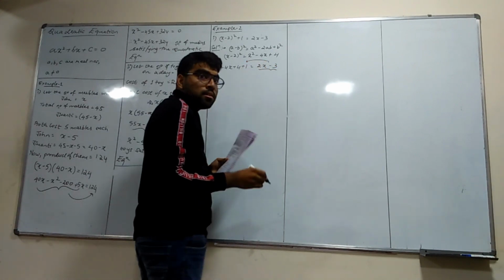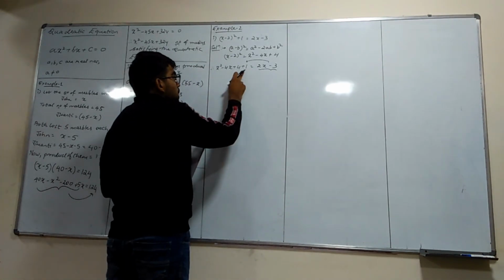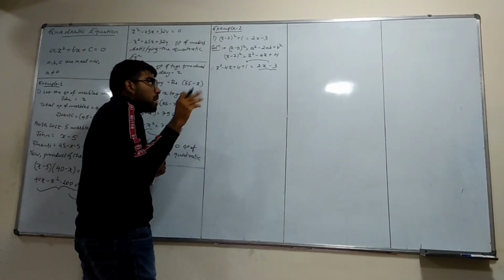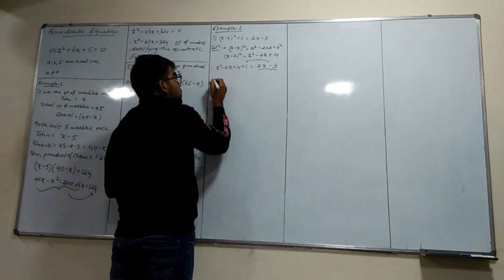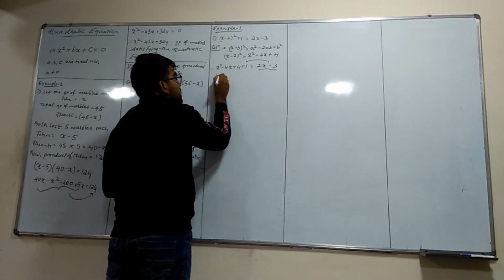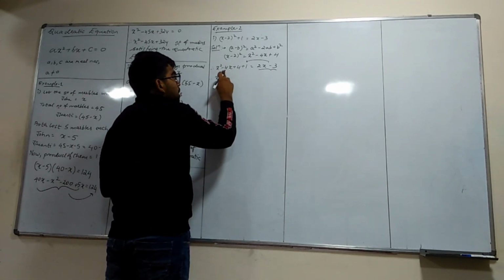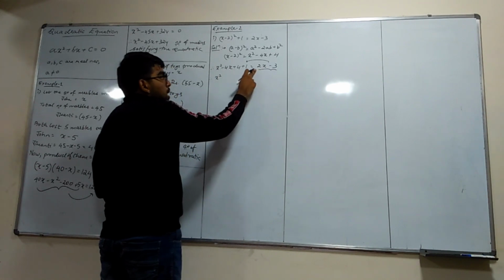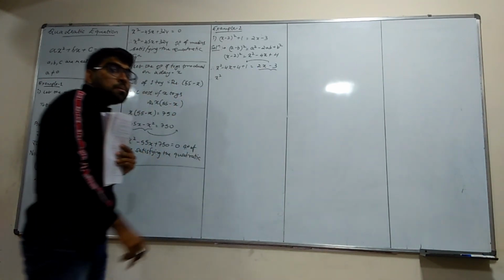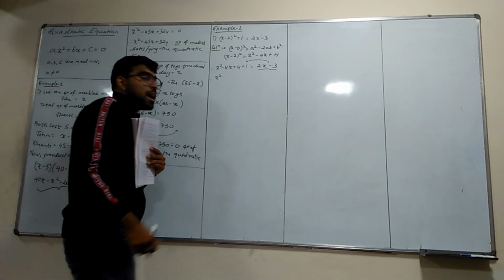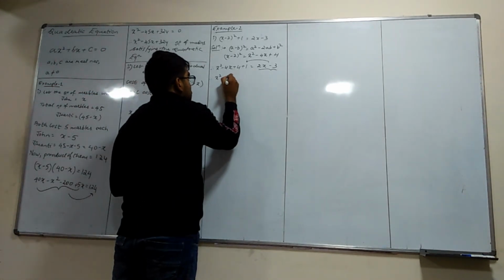Get it on to the other side. So, 4 plus 1 is how much? 5. So, therefore, x square, here we have minus 4x and plus 2x. When it comes to the other side, it becomes minus 2x, minus 6x.